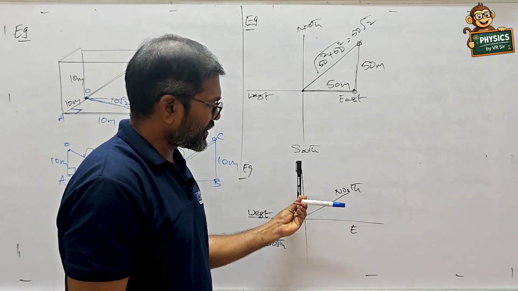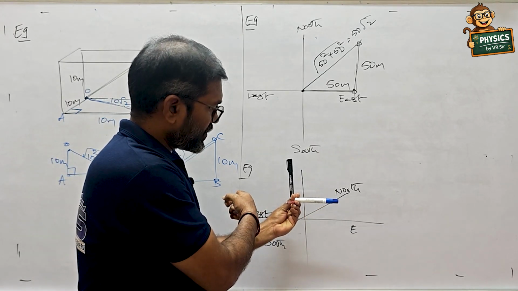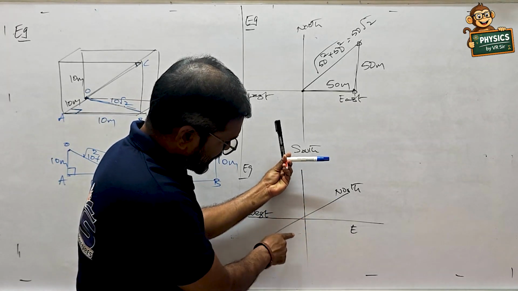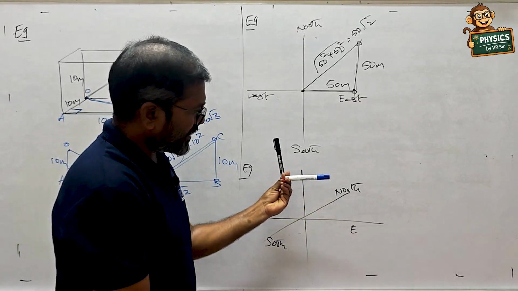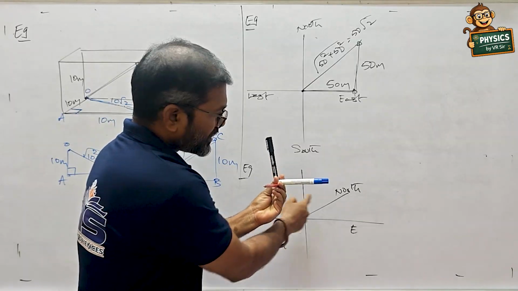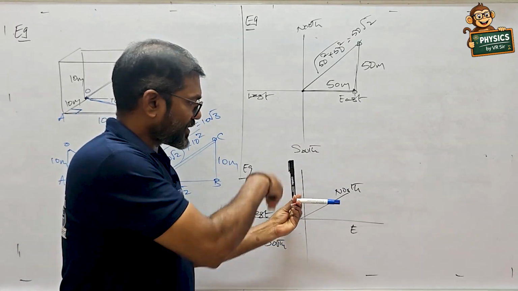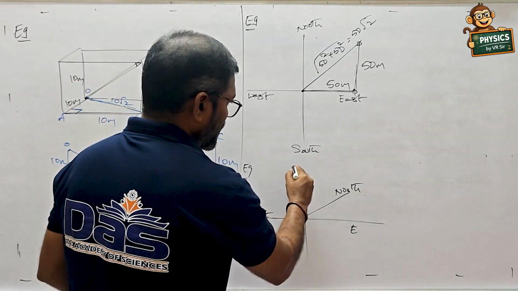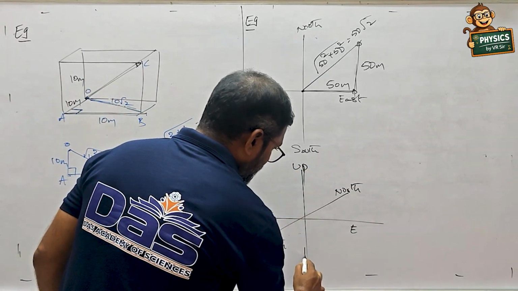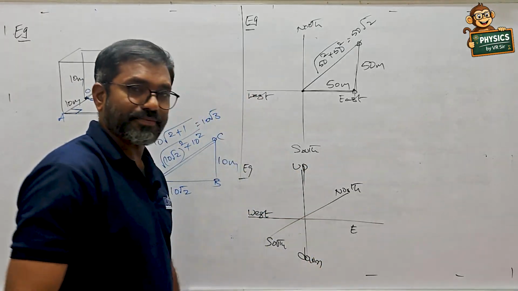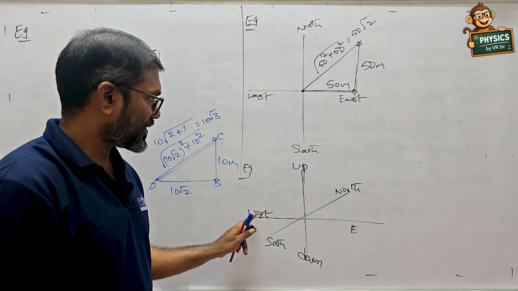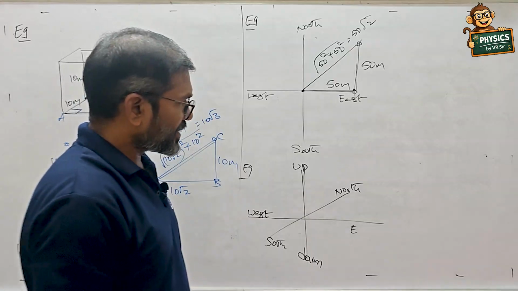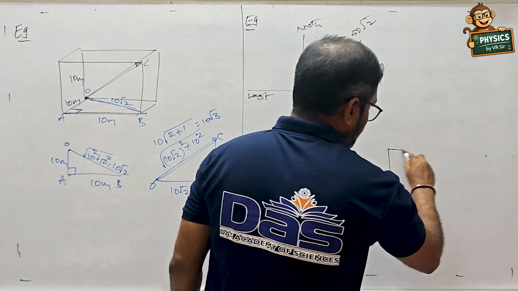In these three directions, east, west, this is coming out of the board. Out of the board is represented by south, and into the board is represented by north, and this is up, down. So look at your directions. This is up and this is down. East, west, north, south.